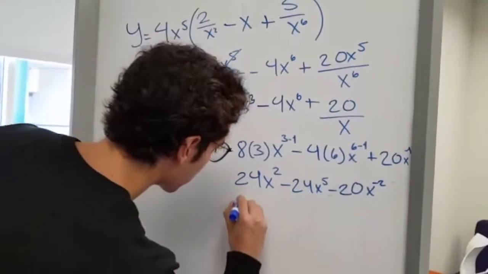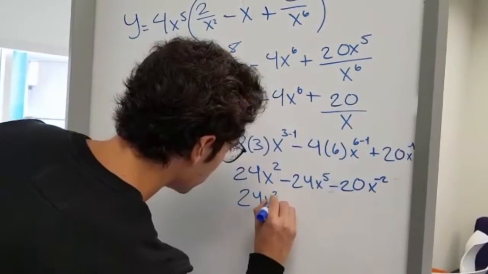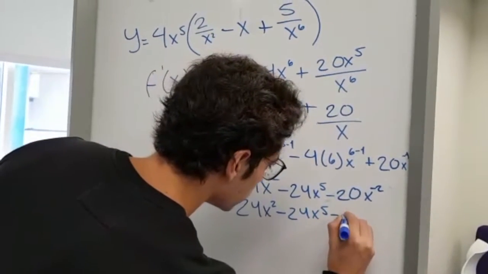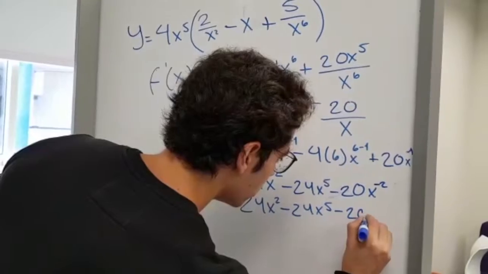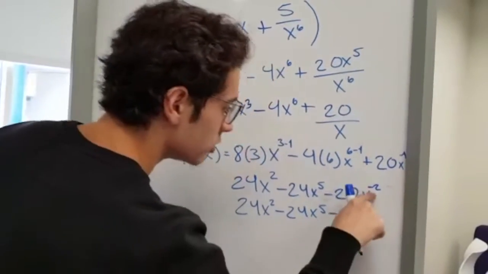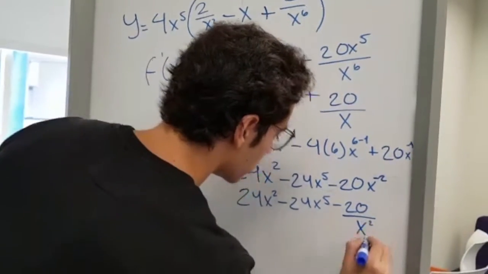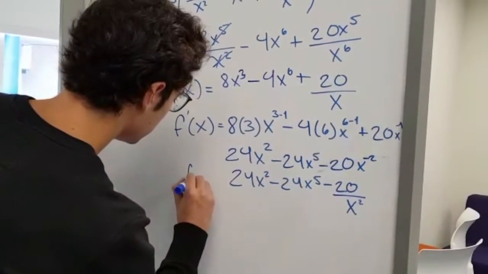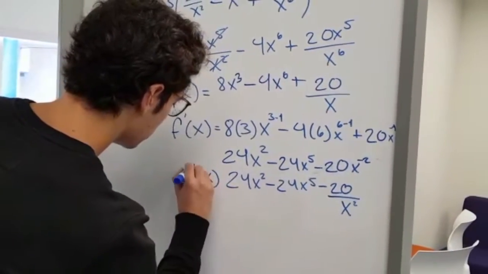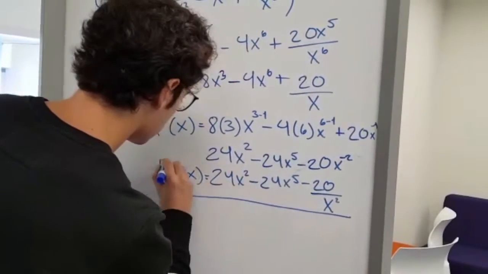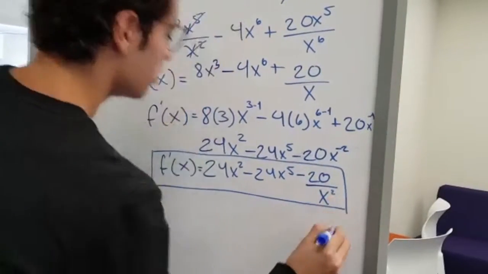Then 24x squared minus 24x to the 5 minus 20, you need to pass these down because you can have negative numbers here, and it's x squared. Basically this is the answer.